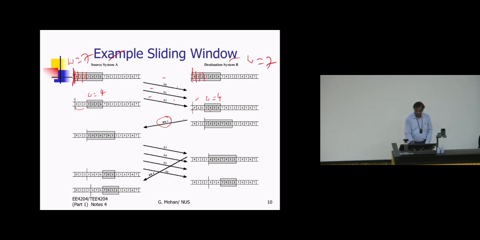So when it sends RR3, it's acknowledging 3, so it will expand by 3. So you can see that now W becomes 7. And this vertical bar has moved here because nothing is outstanding. It has cleared out. It has sent acknowledgement for everything.